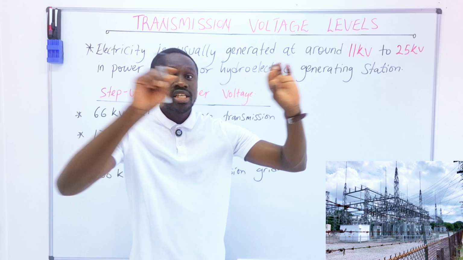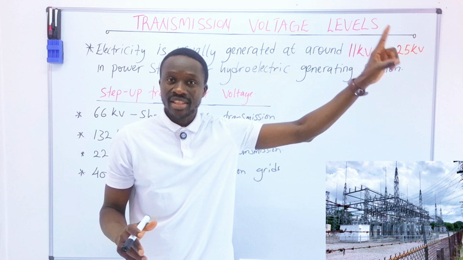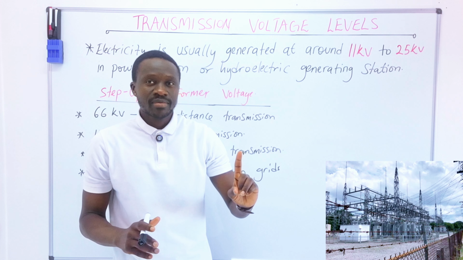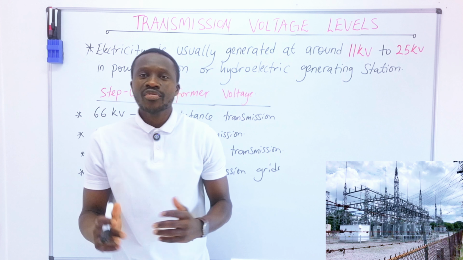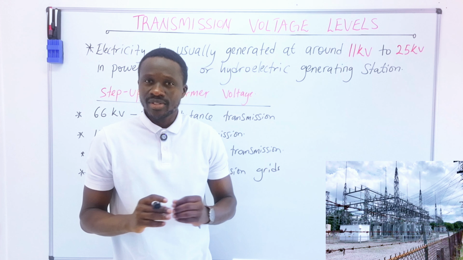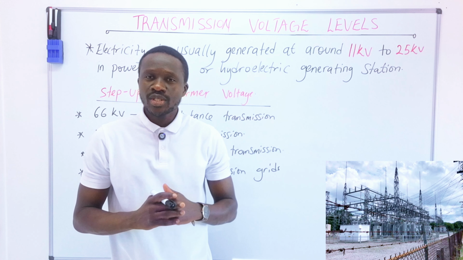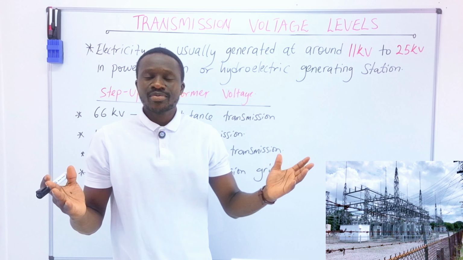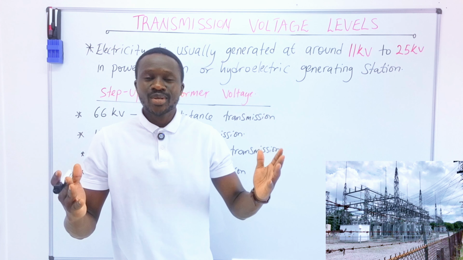Transmission is using the poles, transferring electricity from one place to another. That is the transmission. Now, why don't these electricity companies transmit 400 volts or 500 volts? Why do they need to step up this voltage? What is the reason behind stepping up the voltages? And that is what we are going to look at today.